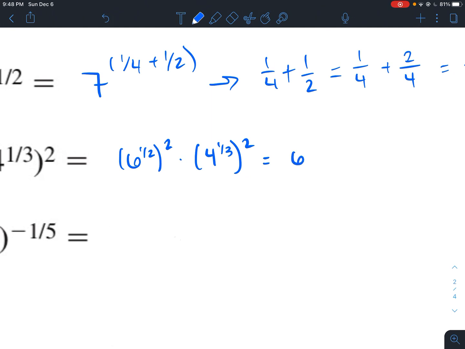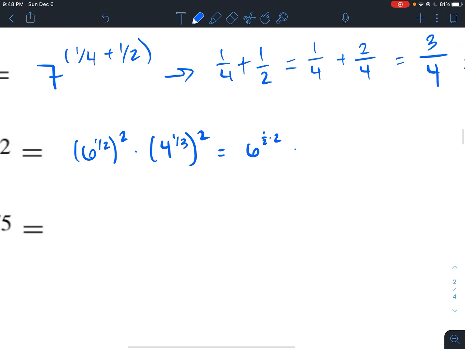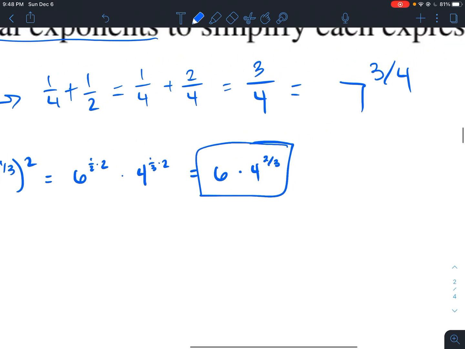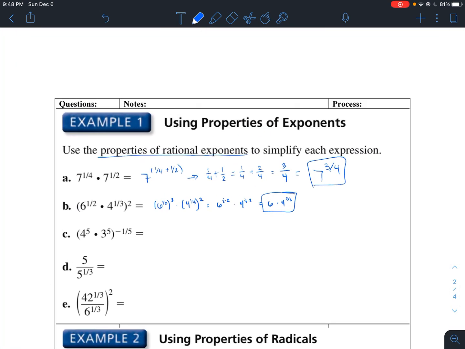I have 6 to the 1/2 times 2, times 4 to the 1/3 times 2. Well, 1/2 times 2 is just 1, so that's just going to be 6. Times 4, and 1/3 times 2 is 2/3. So that's simplified as much as we can get it, and that's that right there.